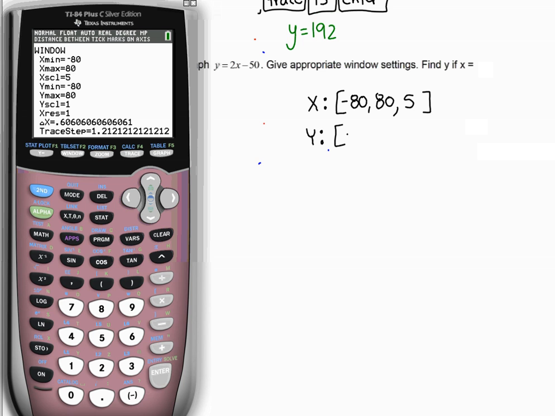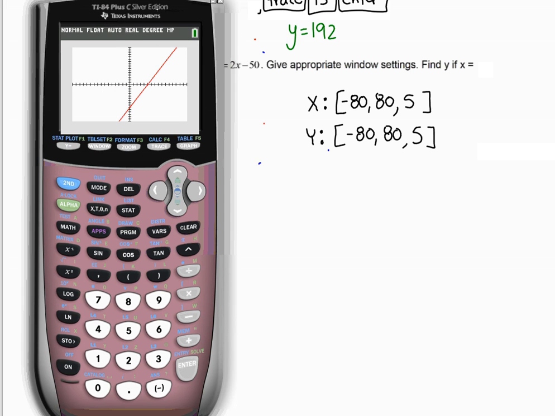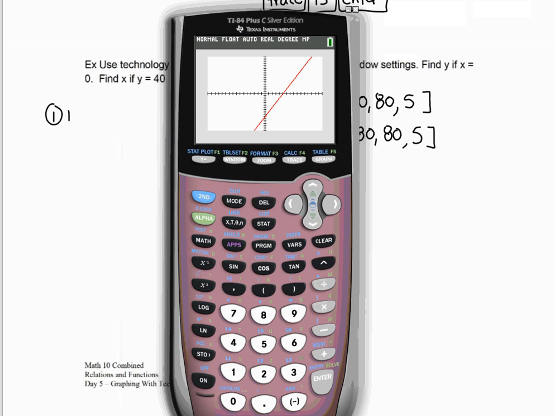My y was also negative 80 to 80, and I'm going to change the scale as well to 5. It's up to you. It doesn't change your answer. It just makes a nicer graph. Doesn't that look a little nicer than those thick lines? Okay, so the first part is to find y when x is 0. What do I push?